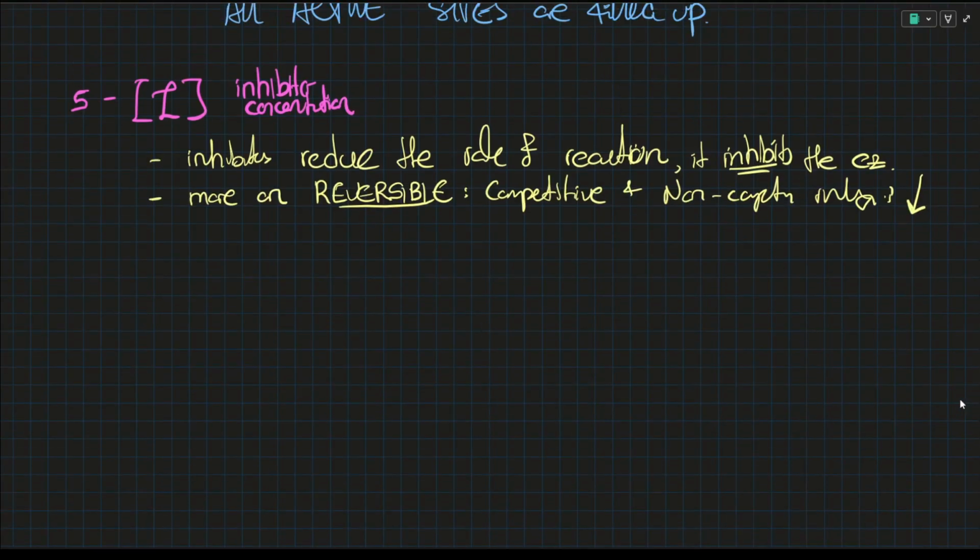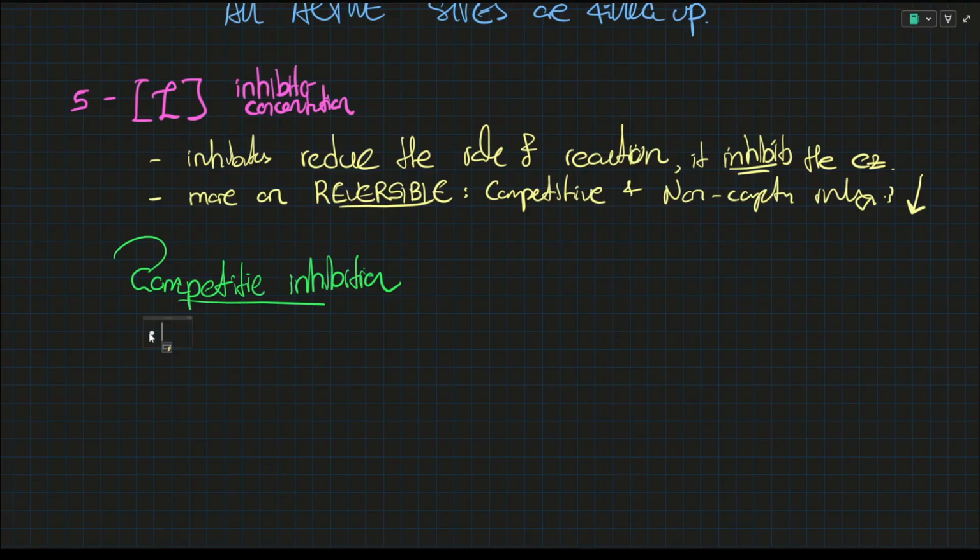Let me pick a new color that we did not use previously. I think a very bright green is going to do. Okay. First of all, we will focus on competitive inhibition. I will type out the bullet points when I come to this.